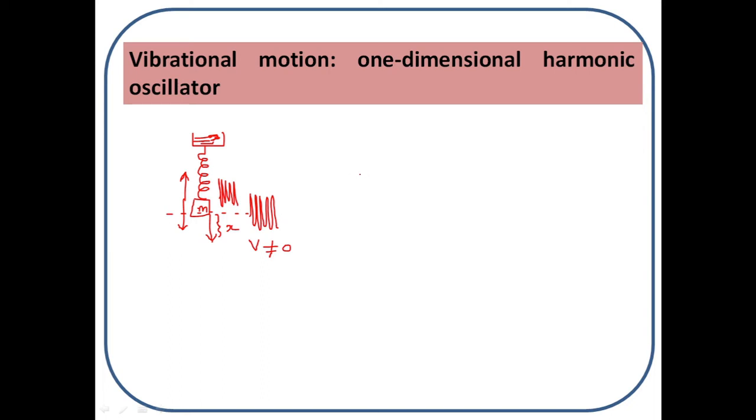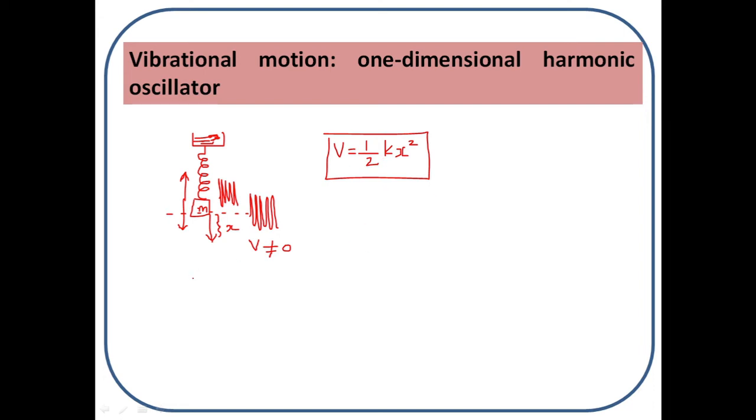Now we will see by what equation that potential energy is given. That is, V, the potential energy, is given by half kx squared, and it is obtained by a simple integration technique.